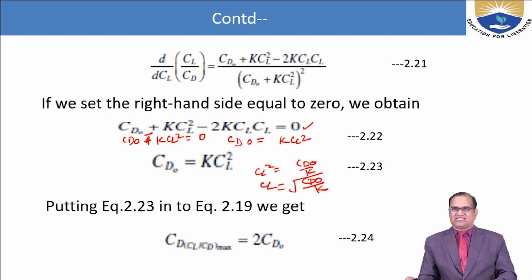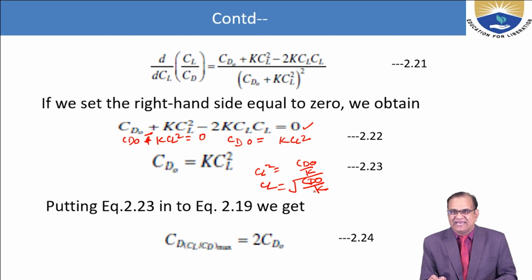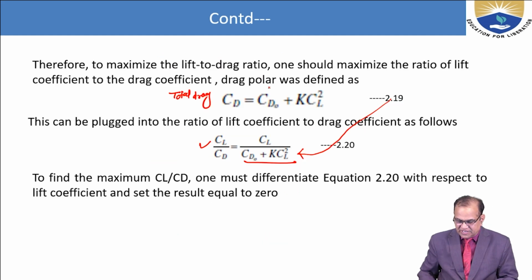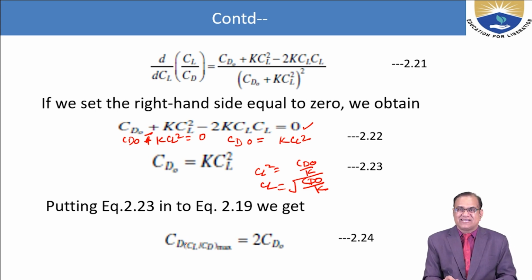So we got this relation that for the maximum L by D ratio, the coefficient of lift should be under root CD naught by K. So here CD naught is equal to K CL square, and if we put this value in equation 2.20, we will get CL by CD maximum equal to 1 by 2 root of K CD naught. So this relation we have got.